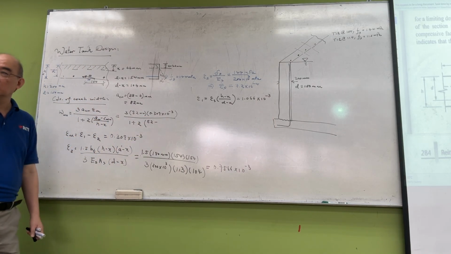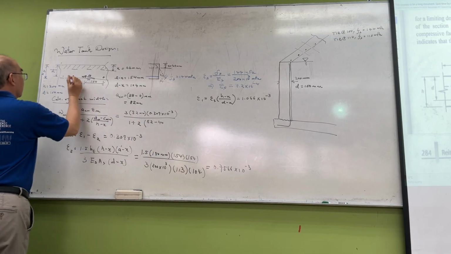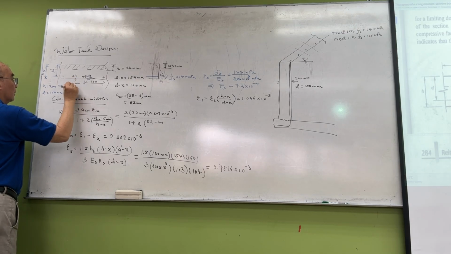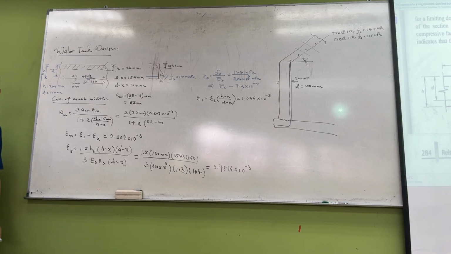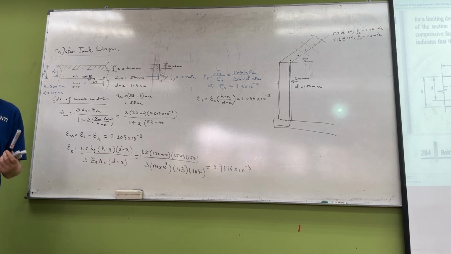C min is the minimum concrete cover. So in this case it's 40 millimeter. The code says for a water tank you have at least 40 millimeter concrete cover for the protection.